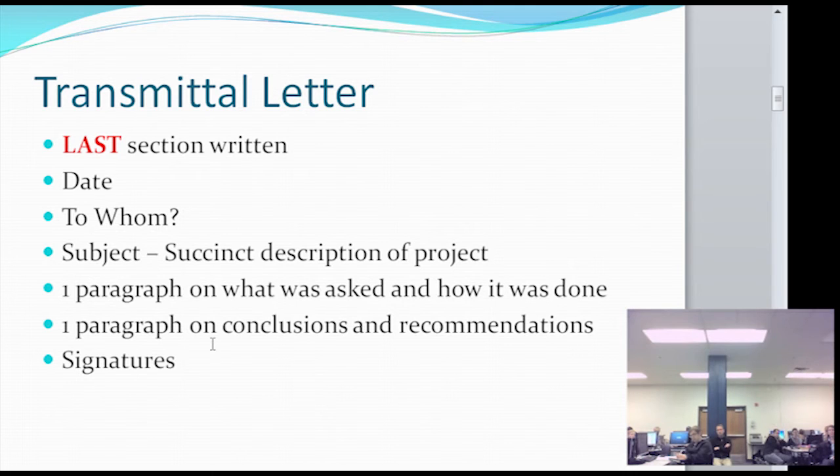But the reason it's written last is because you write your report, you take a Reader's Digest version of that, write the executive summary, and now you take a Reader's Digest version of the executive summary to come up with a transmittal letter. Because it is only 2 paragraphs, it always is just 1 page. Okay, and if you put it on company logo letterhead, that takes up a header, it takes up a footer, so you're talking, on an 11-inch page, you'll be talking 7 inches of typing, and that's it.